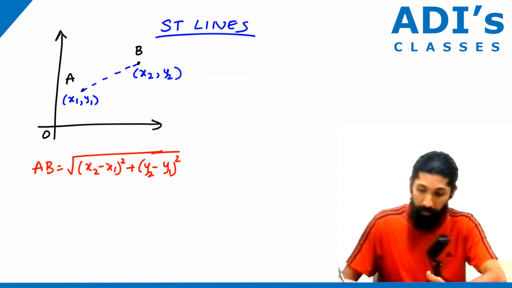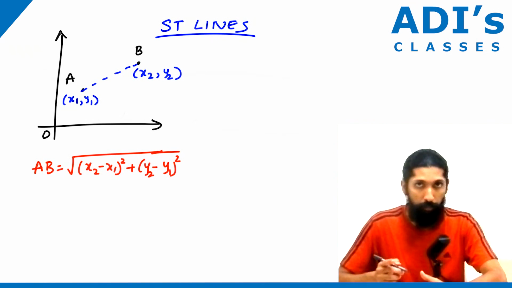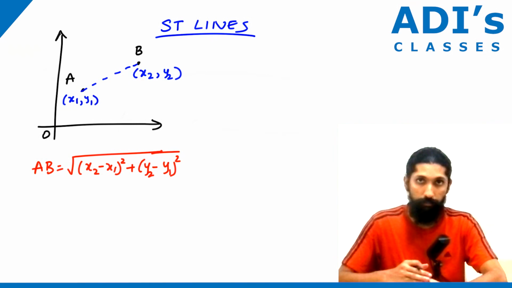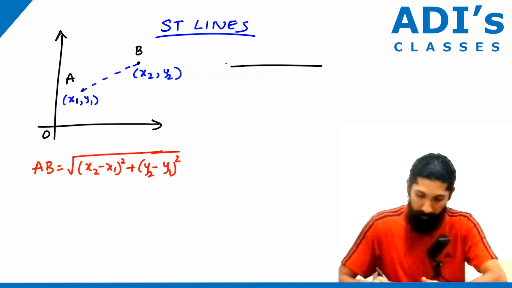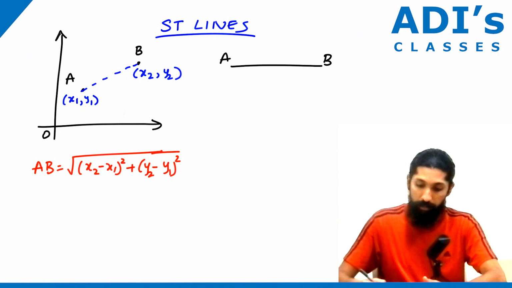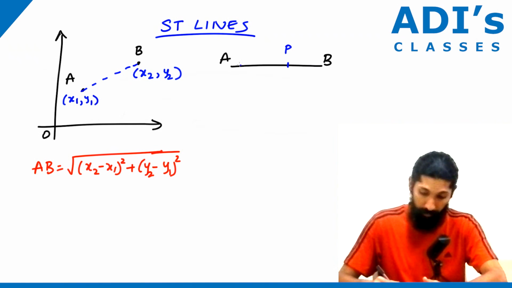Section formula basically talks about, suppose if the line joining the 2 points is divided in some ratio. That means suppose say we have 2 points AB, and these two points, basically the line joining the 2 points is divided by some point P, where here again A is x1 y1, B is x2 y2.